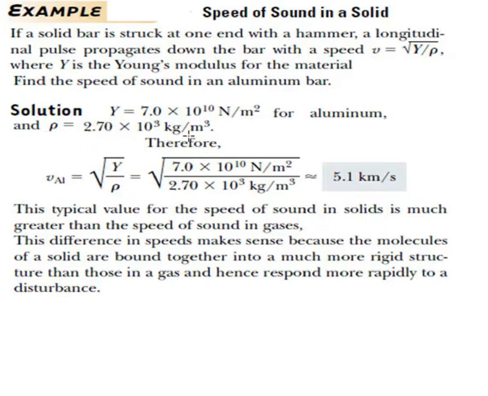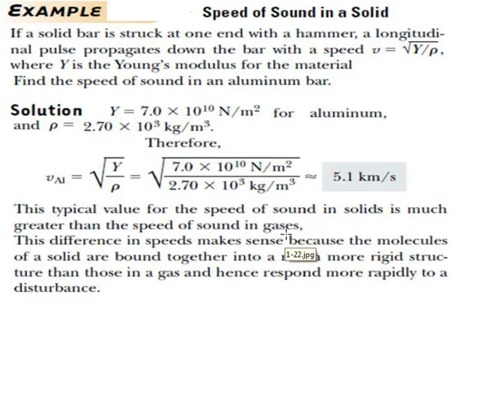Thus, plug in the values in this general relation for solids, and you get that the speed of the wave pulse generated in this aluminium bar is 5.1 kilometer per second. This typical value for the speed of sound in a solid is much greater than the speed of sound in gases.